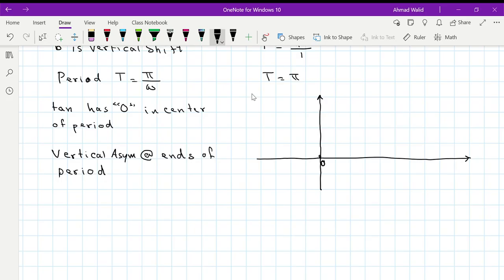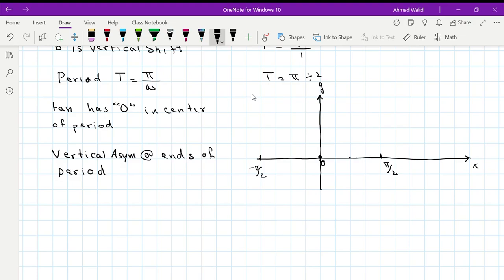Pi divided by 2 gives you pi over 2 on one side of your center, and on the other side negative pi over 2. You have to divide your period around your 0, because tangent has 0 in the center of the period. Whatever my period is, I'll divide that by 2 and put it on two sides of my 0.